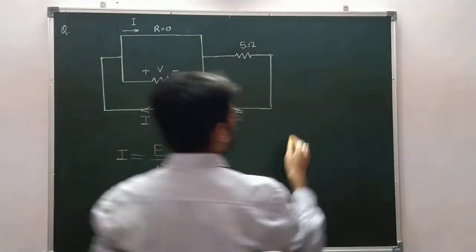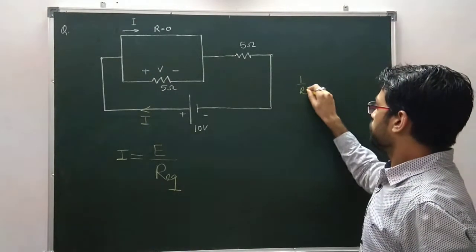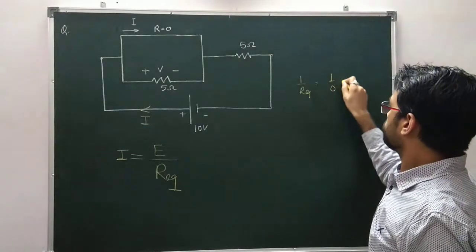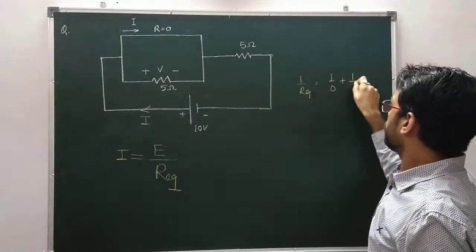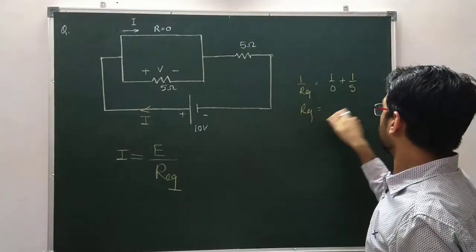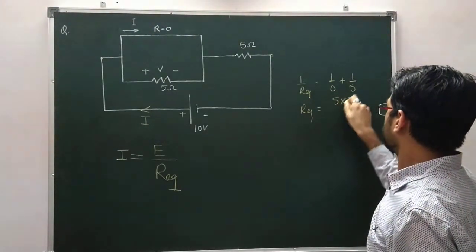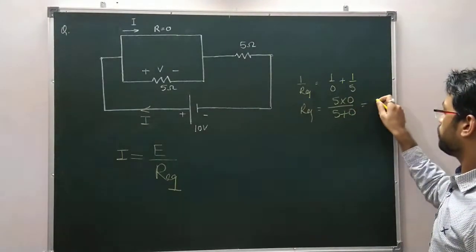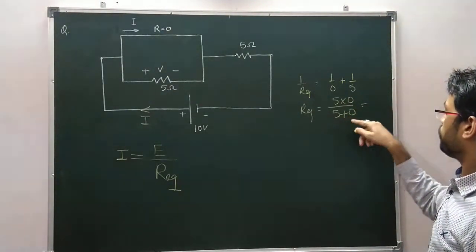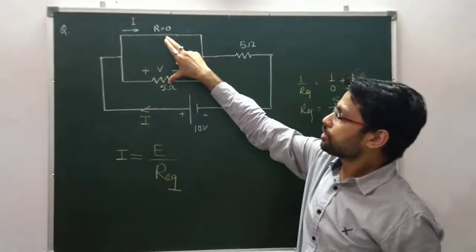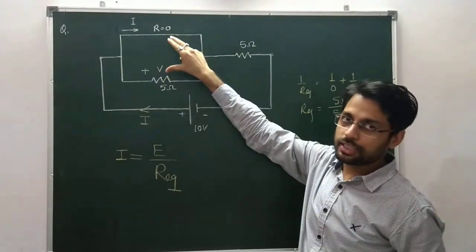So we have 1 upon Req equals 1 upon 0 plus 1 upon 5. When you solve it, you get 5 into 0 upon 5 plus 0, and that is 0. So the total equivalent resistance of this parallel combination is 0.